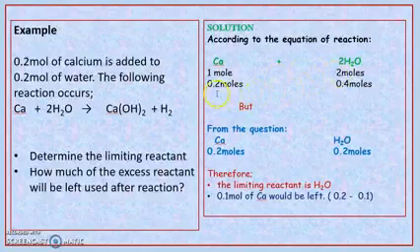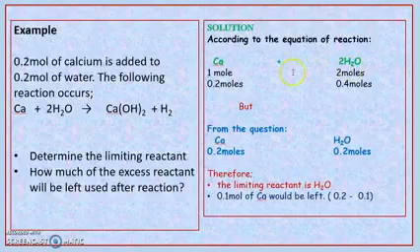Then for 0.2 moles of calcium, we actually need 0.4 moles of water, because the quantity of water is twice that of calcium. If you have 1 mole of calcium, you need 2 moles of water. If you have 2 moles of calcium, you need 4 moles of water.